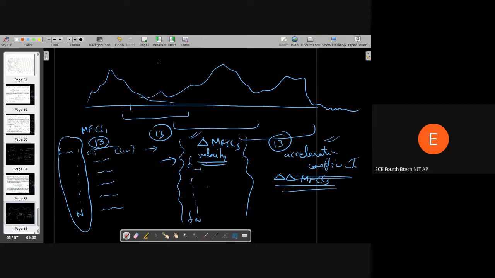That gives you a 39 dimensional MFCC vector for each frame of the signal. If you had chosen, let's say, 15 or 20 cepstral MFCCs first, then you would ultimately have got a 60 dimensional MFCC vector.